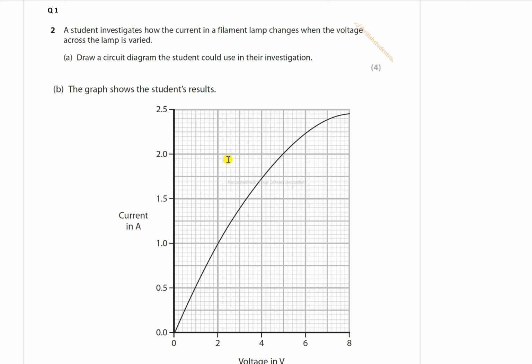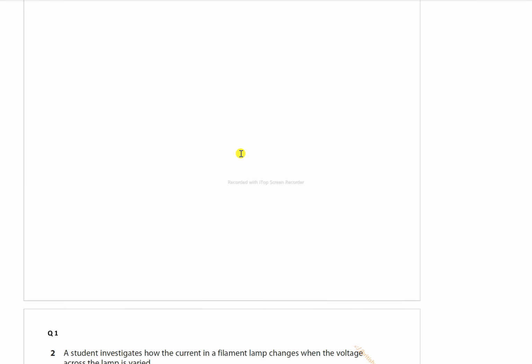Right, we need some space. Could draw it here actually. So what we can do is you can have a power source, you can have an ammeter, you can have your lamp.